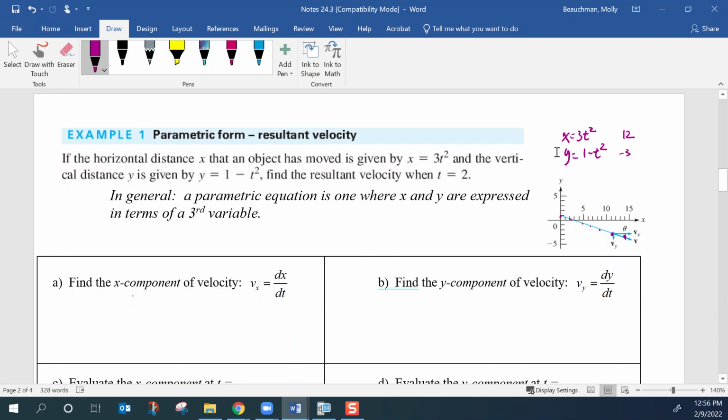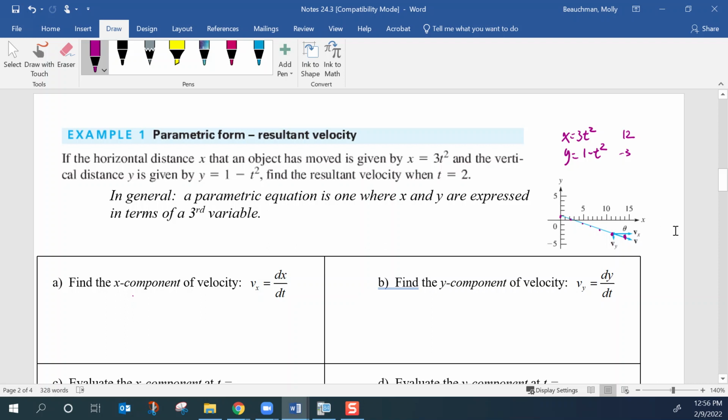If we put in t equals 2, we get x is equal to 12 and y is equal to negative 3. If we kept putting values in for time, at time 0, we would get this point, time 1, 2, etc. We would get this straight line. So the straight line represents that function in parametric form.